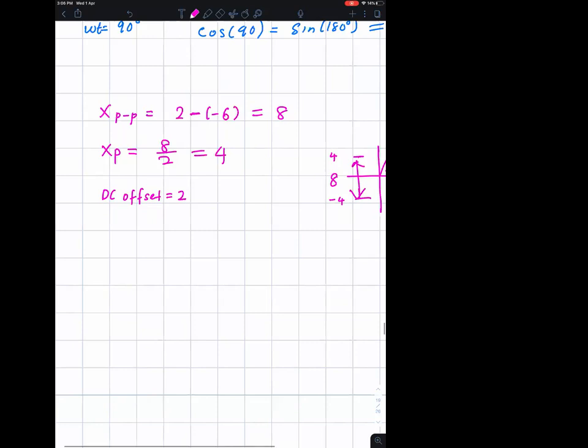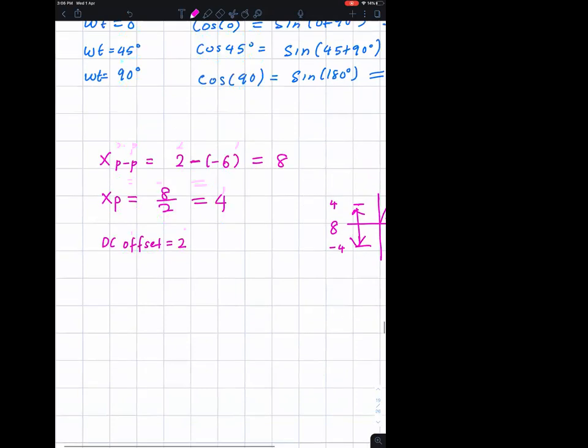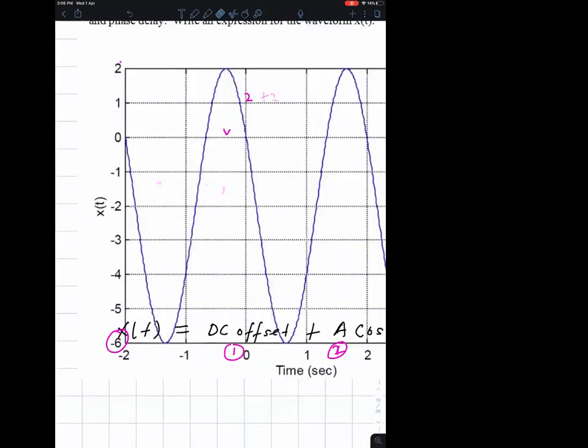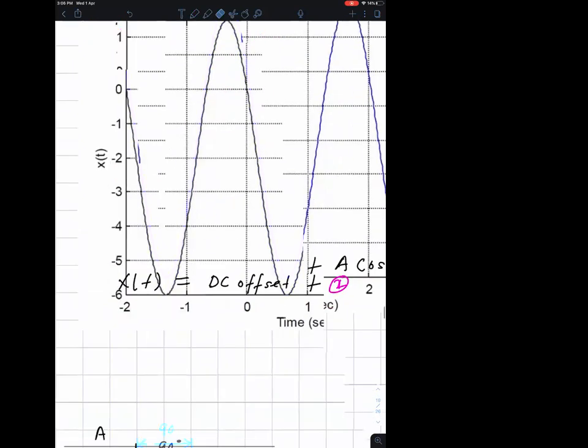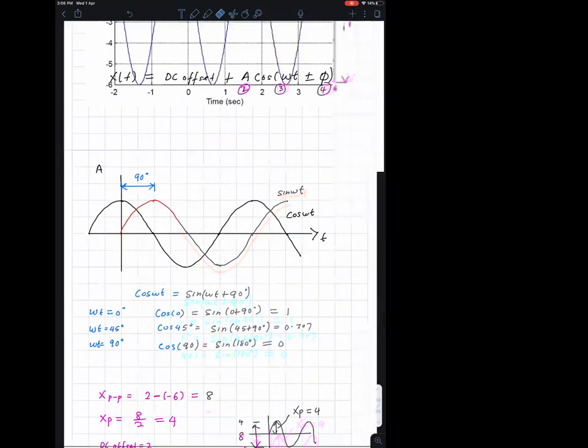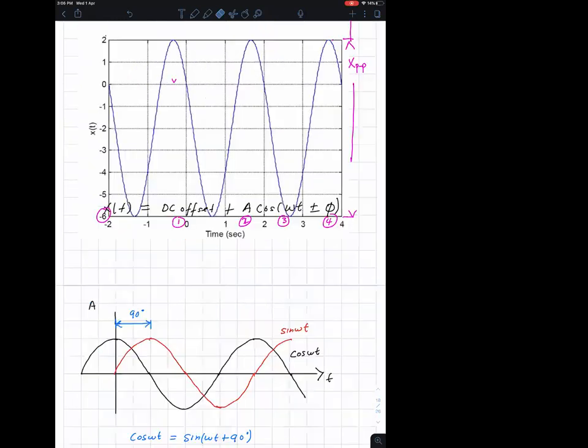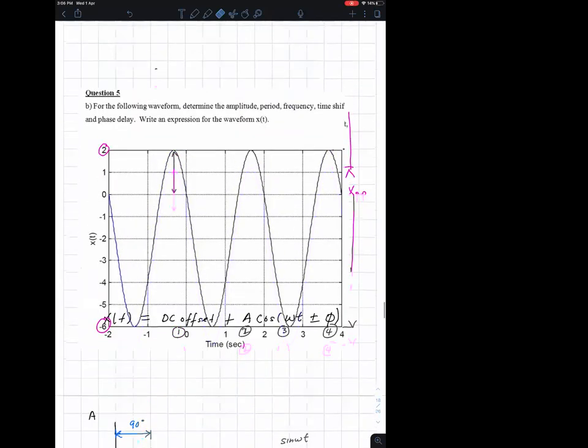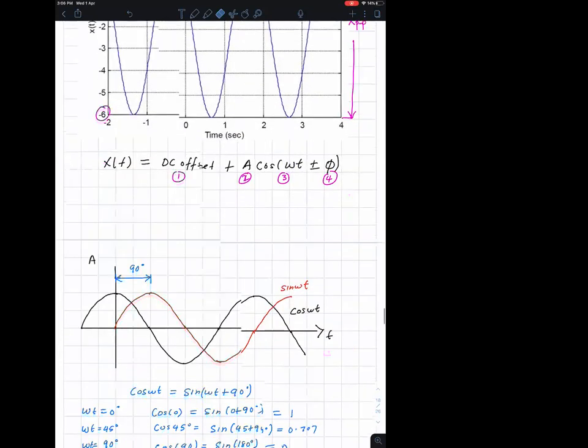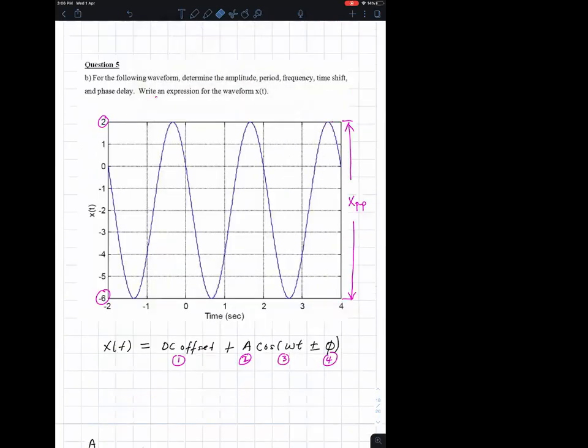Next, what is the period? There are many ways of finding the period.